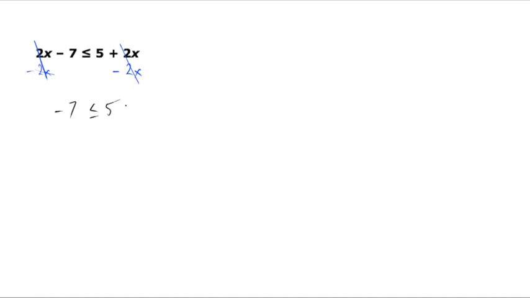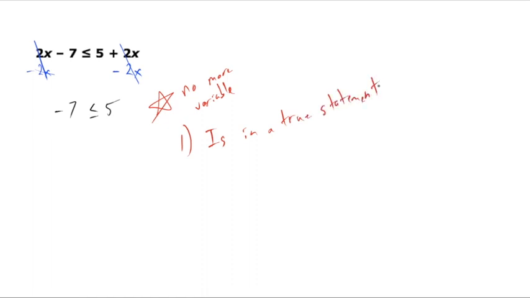I don't have a variable anymore. So this is important. Anytime you don't have a variable, you need to ask yourself, is it a true statement? So is negative 7 less than or equal to 5?